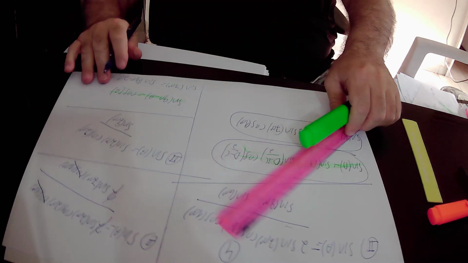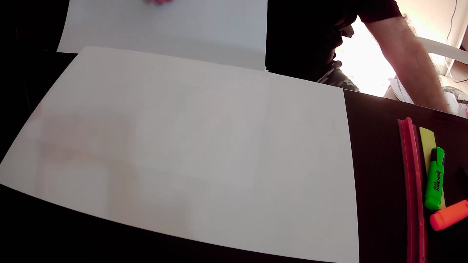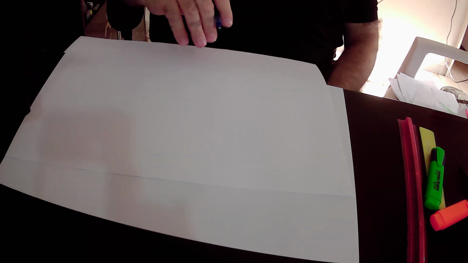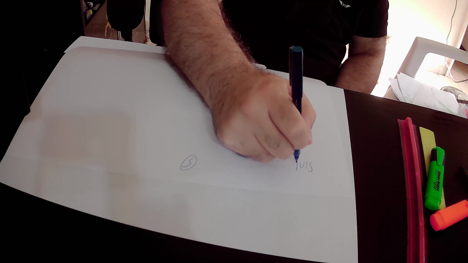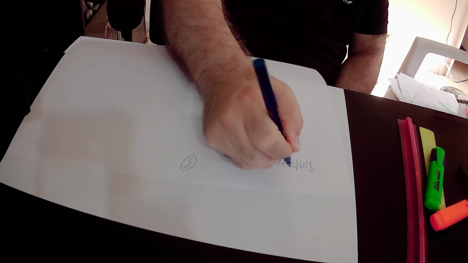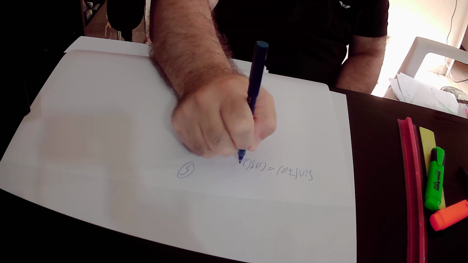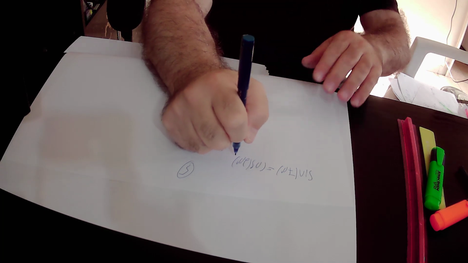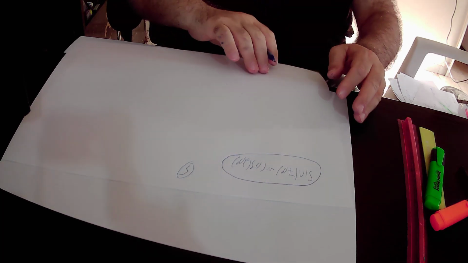So in conclusion, sine 70 degrees equals cosine 20 degrees. Now we substitute sine 70 degrees by cosine 20 degrees in equation number 2.